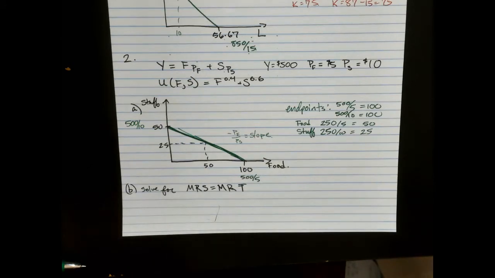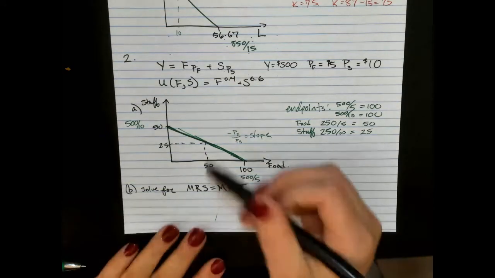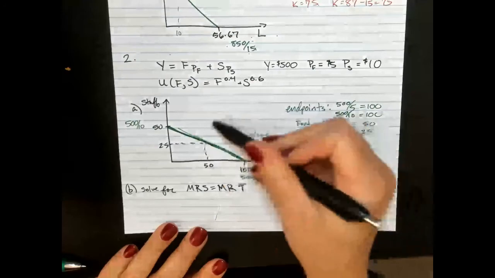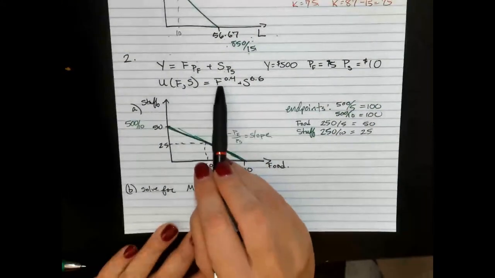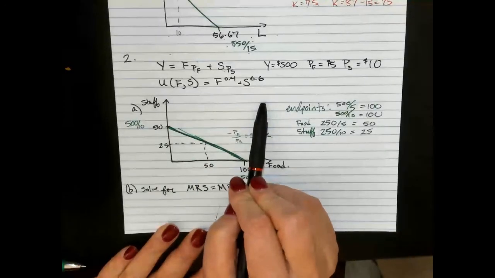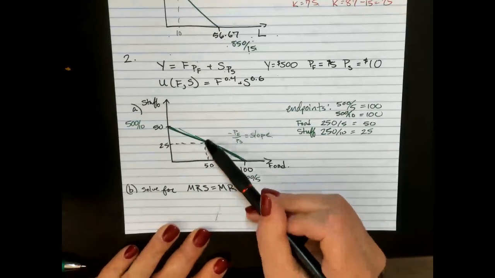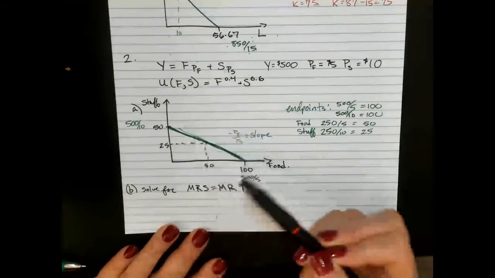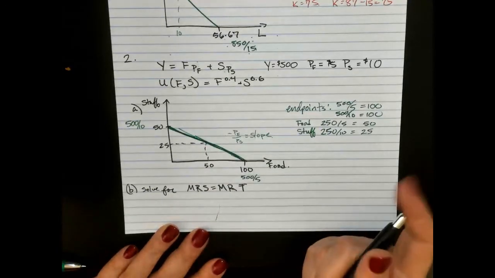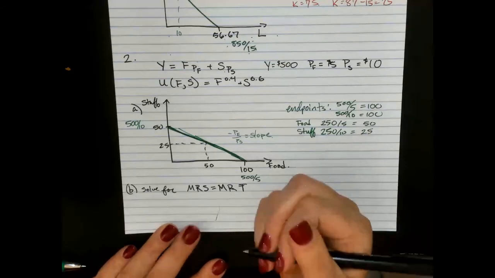Remember, there's a whole map of indifference curves for every consumer, and they're going to have the same shape because they're based on the marginal utility of the 2 goods, the marginal utility associated with food and stuff. And we want to find the utility curve that is at the highest possible consumption point, but tangent to the budget constraint. And so that's why we want to set those 2 slopes equal to each other.